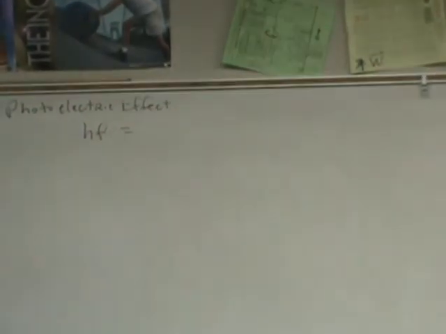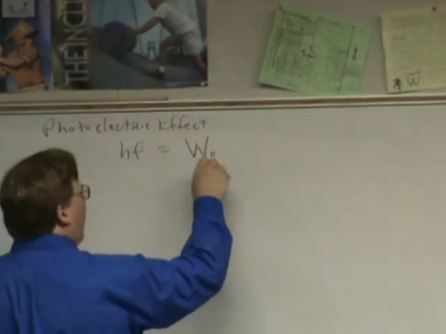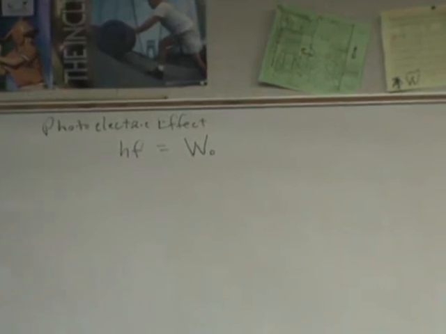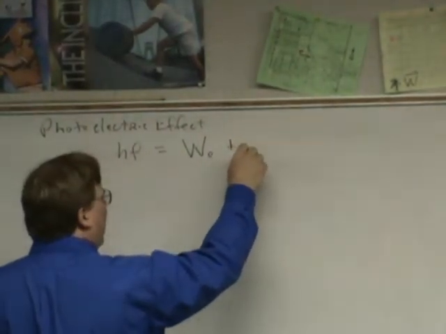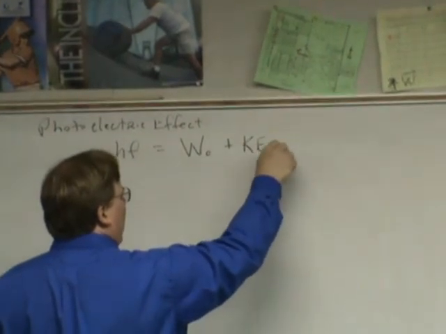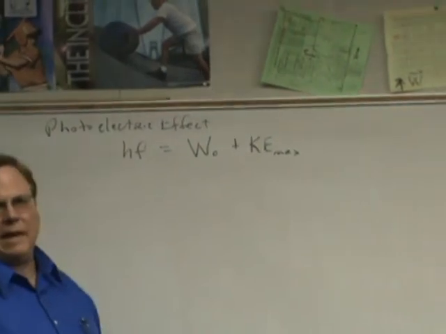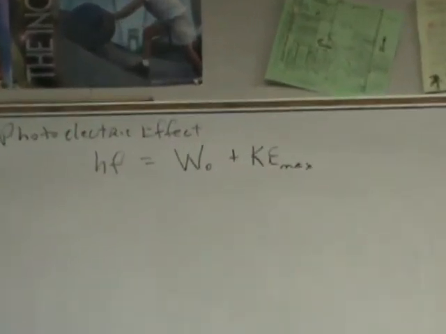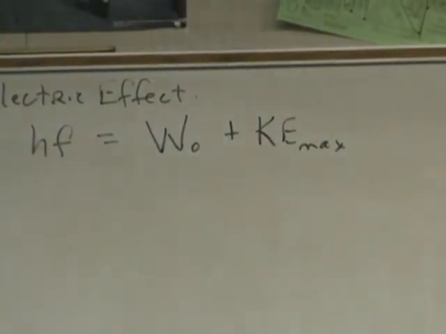The energy of the photon, some of it is spent in the work function, that is, the energy required to dislodge the electron, and then the rest of it is given over into kinetic energy of the electron. And they say maximum kinetic energy because maybe not all of it is given to kinetic energy, maybe it's given in some other form. But that's the maximum kinetic energy of any dislodged electron.